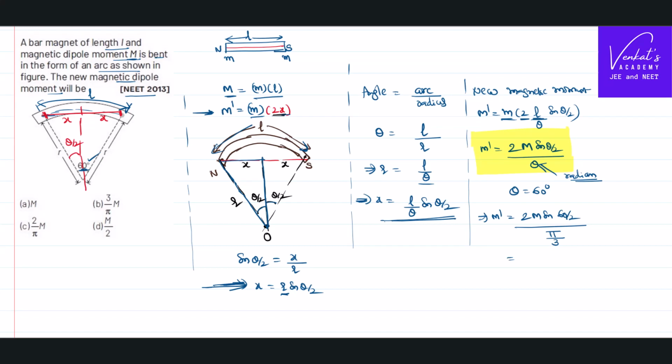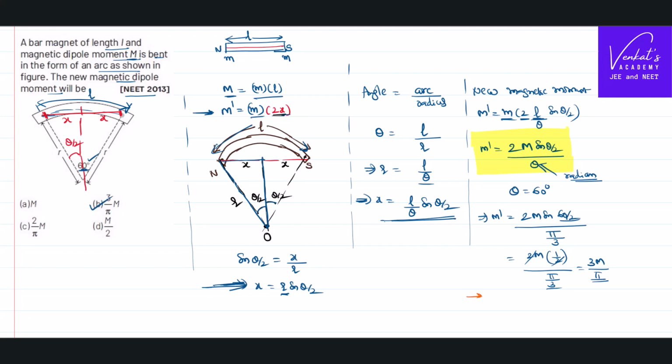So, that implies 2m sin 30, that is 1 by 2, divided by pi by 3. This 2 and 2 will cancel, this 3 in the denominator comes to the numerator. So, that becomes 3m by pi. That is the answer.